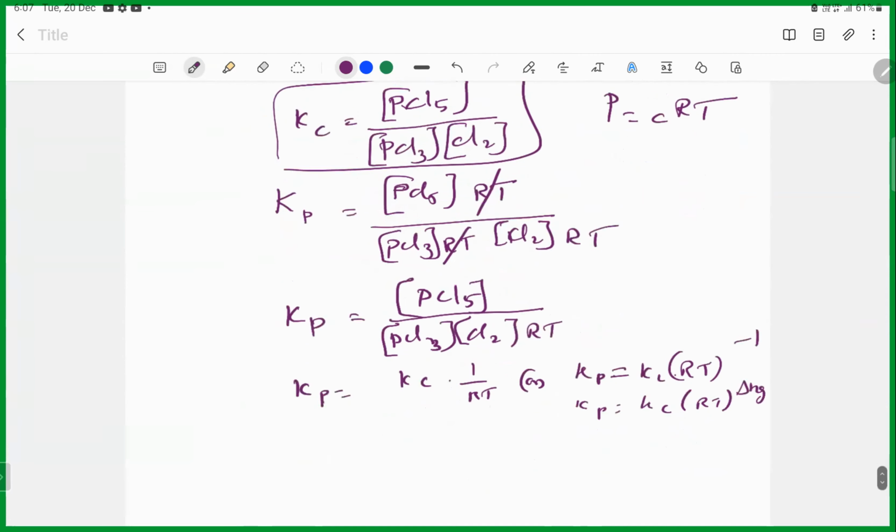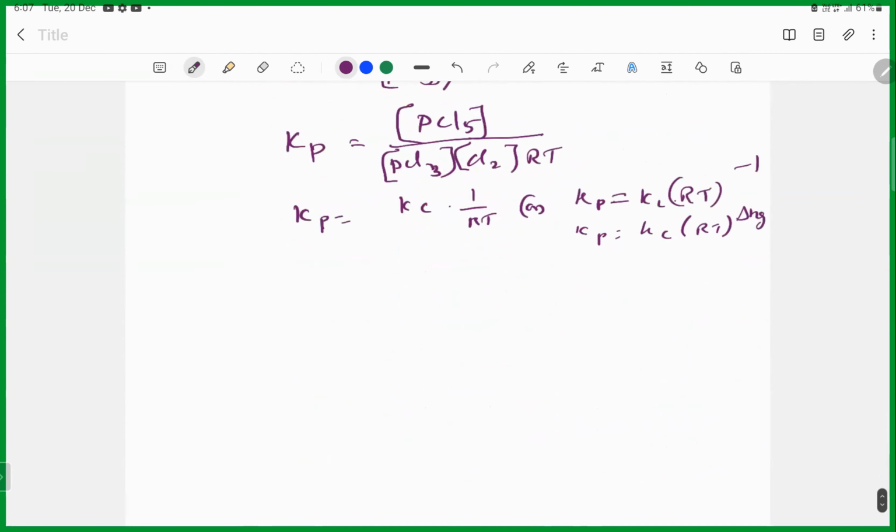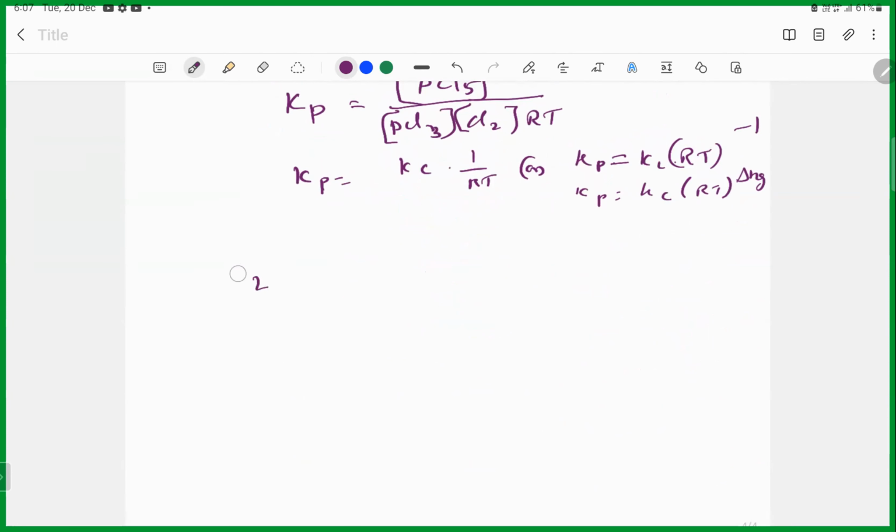Now you calculate for N2 plus 3H2 gives 2NH3. Mitran and Hariharan, all of you calculate the Kp and Kc values.